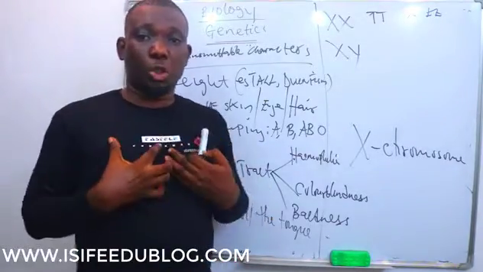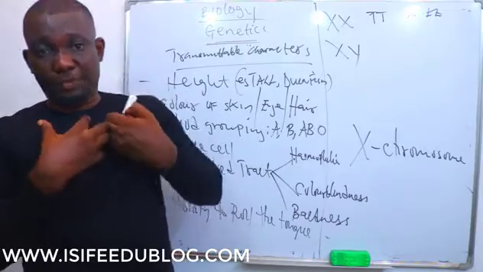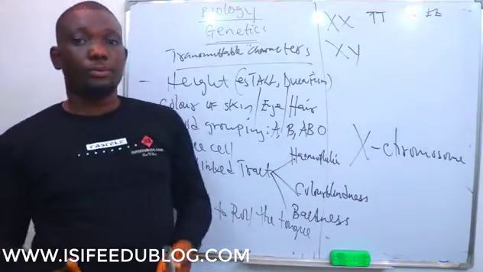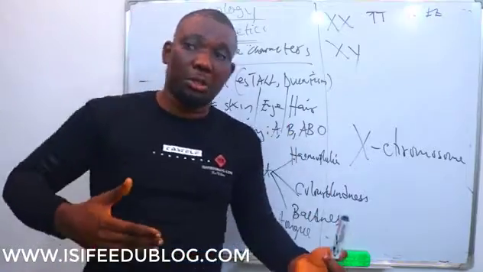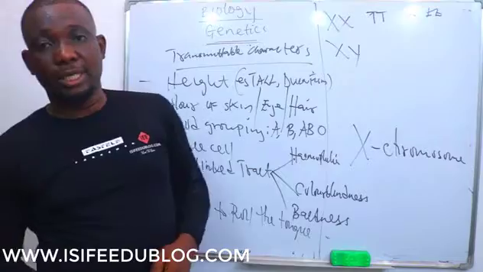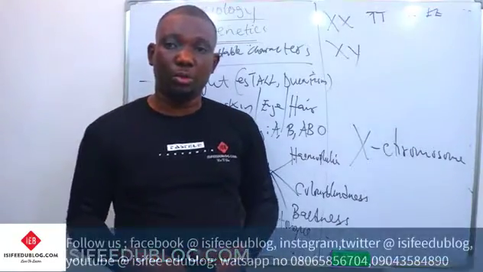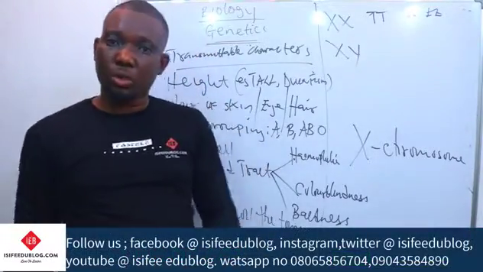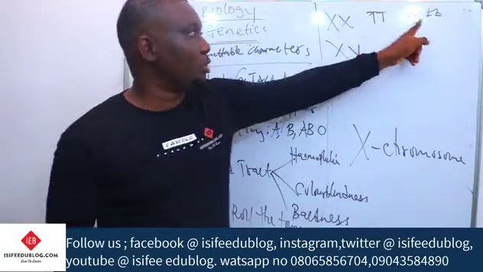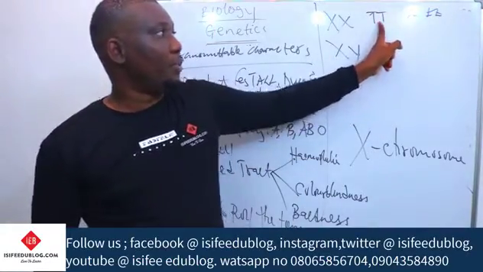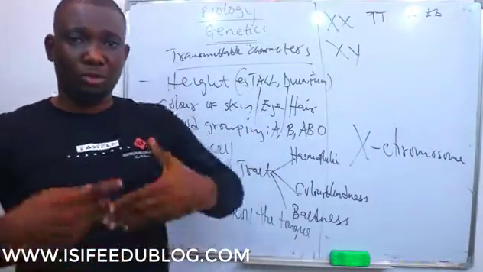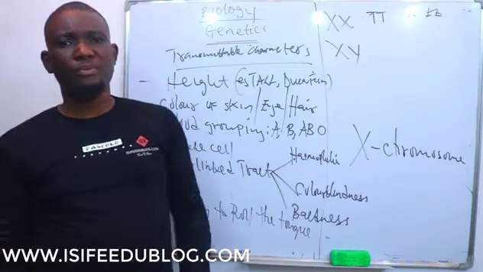So if I can roll my tongue, for example, and I marry a woman who cannot roll her tongue, or a couple where one can roll the tongue and the other cannot, what is the possibility that they can give birth to offspring that can roll the tongue? The possibility that this parent and this parent can give birth to offspring that can roll the tongue is 100%. What is 100%?